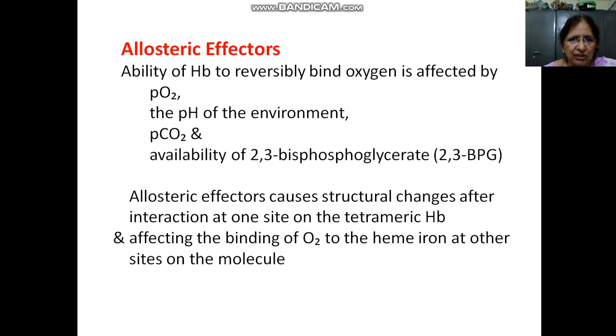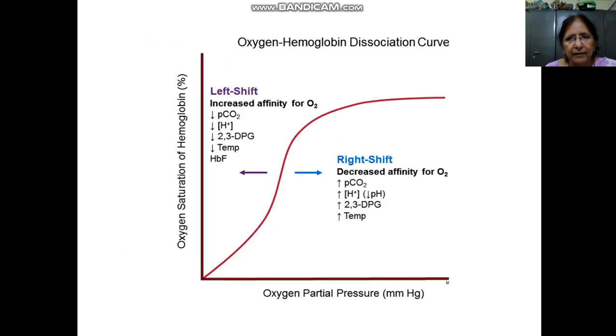These are partial oxygen pressure, the pH of the environment, partial carbon dioxide pressure, and availability of 2,3-bisphosphoglycerate, that is 2,3-BPG. And these allosteric effectors, as we have studied in the enzyme chapter, produce structural changes, and so affect the binding of oxygen to the heme iron.